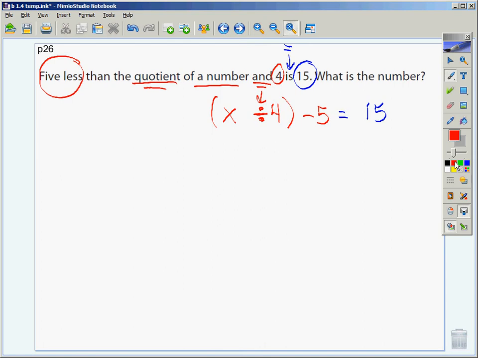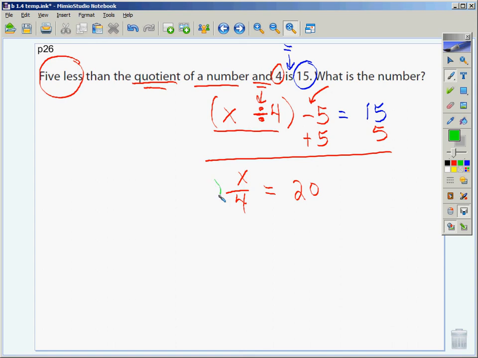How do I undo this subtraction? Addition. I'm going to write my division this way because it looks nicer. X divided by 4, or x over 4, the same thing. How do I get rid of division?